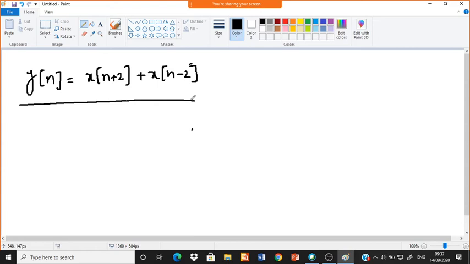Have you done it? How will it look? If you take x of n, and one branch is connected to give x of n plus 2, you take s and minus 2. Since we need to go for 2 units, you take another s, or you can take s power 2.